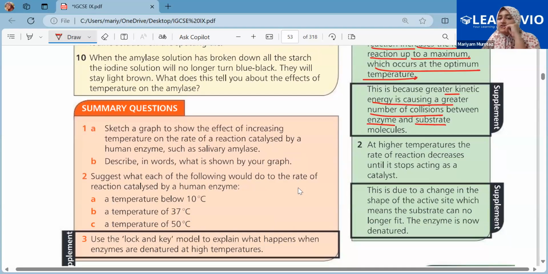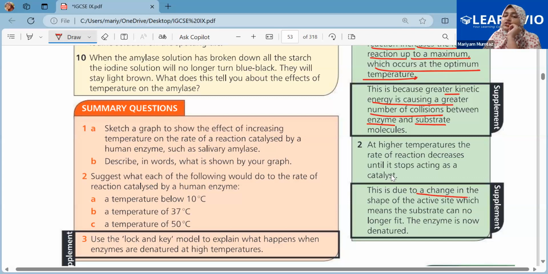Now at higher temperature, the rate of the reaction will decrease until it stops acting like a catalyst. So at higher temperature, it doesn't mean that we were increasing the temperature, so the rate of the reaction was also increasing. Now when we increase it further, the rate of the reaction will not increase, because now the enzyme molecule will start getting destroyed or denatured.